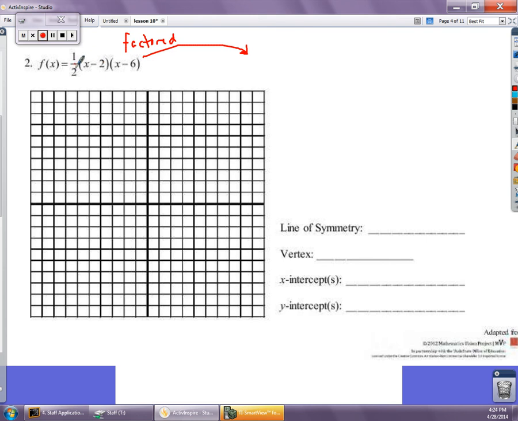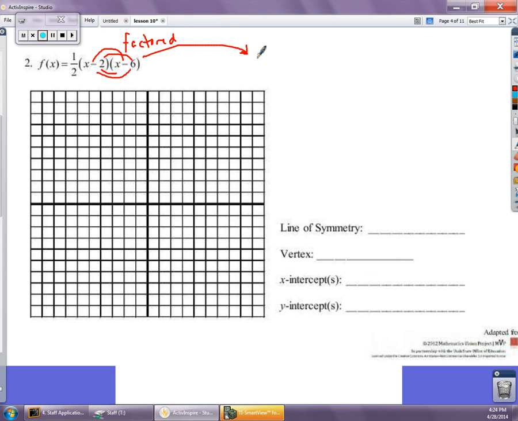You can either take half of this one or this binomial, but neither one of those has both terms that can be cut in half. You'll get a fraction. So what we'll do is multiply x minus 2 times x minus 6 first by distributing the x, then distributing the negative 2.